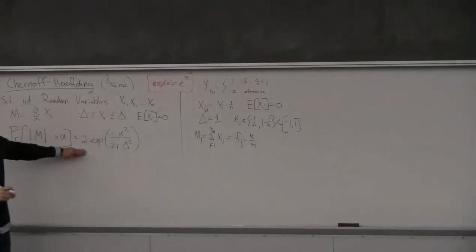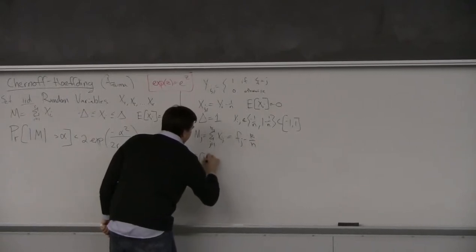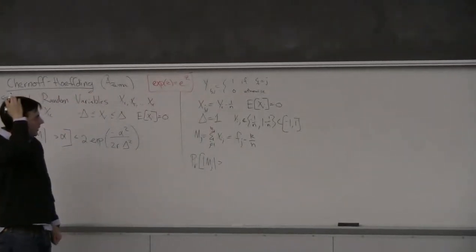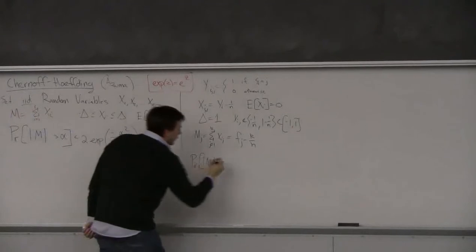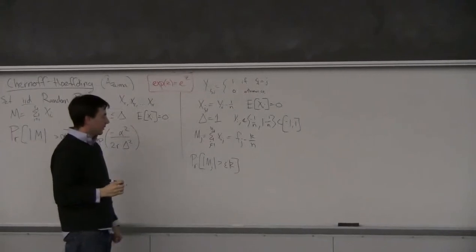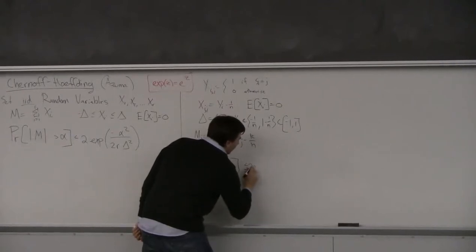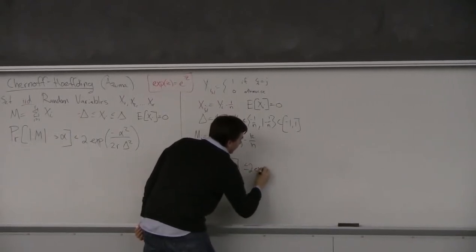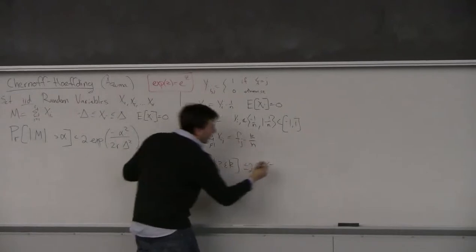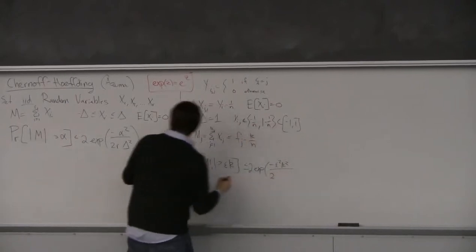So now let's try plugging this into this expression and see what happens. The probability that mj is going to be greater than alpha, so what should I pick for alpha? Let's say it's epsilon times k. We'll see if this works out. Which is going to be less than 2 times e to the minus alpha squared, epsilon squared k squared over 2 times r.